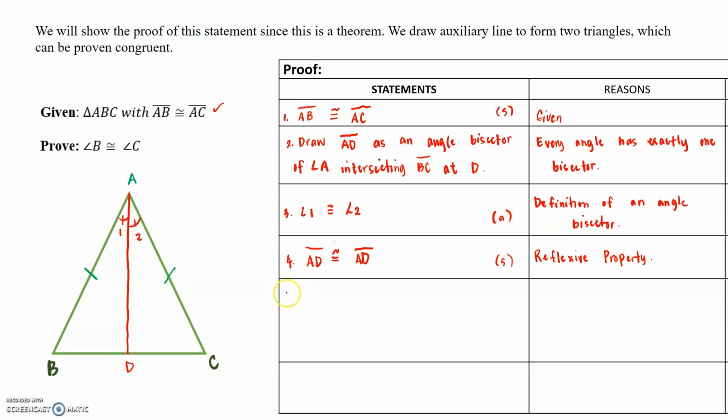So we can already say that triangle ABD is congruent to triangle ACD. And our reason for this is the SAS congruence postulate.